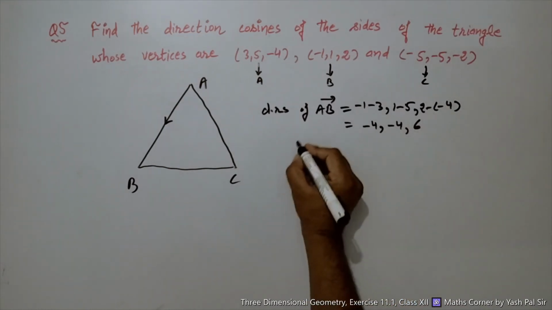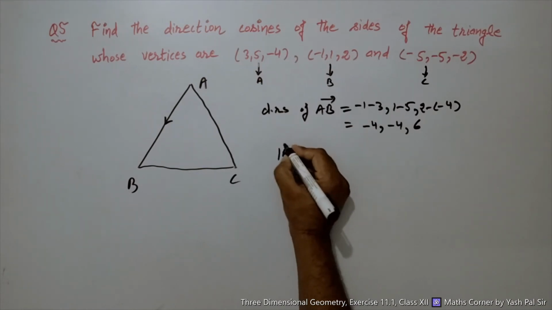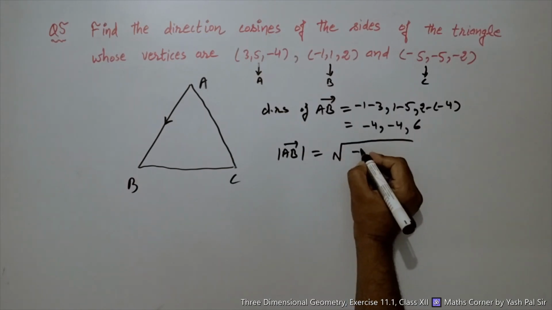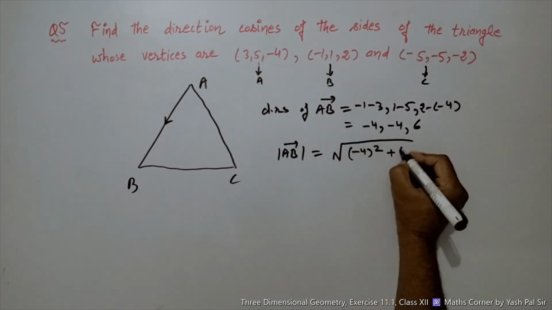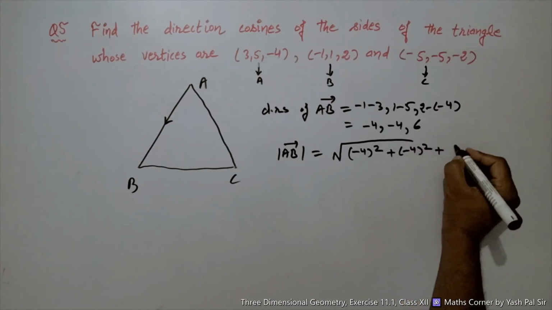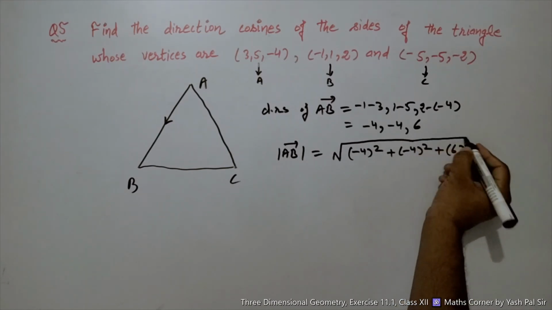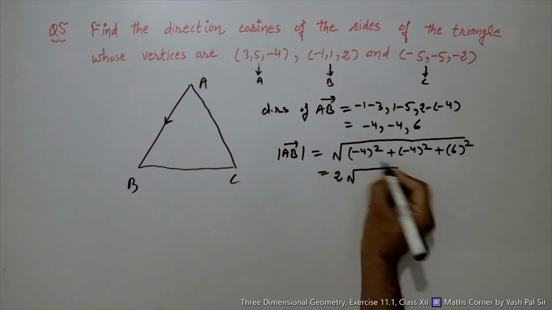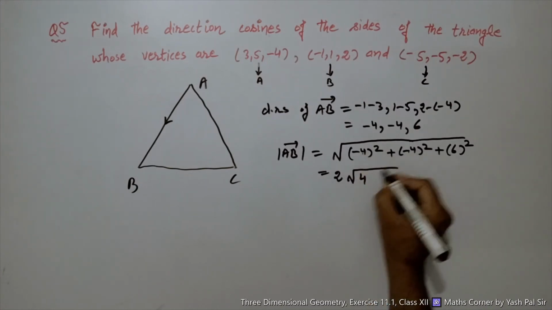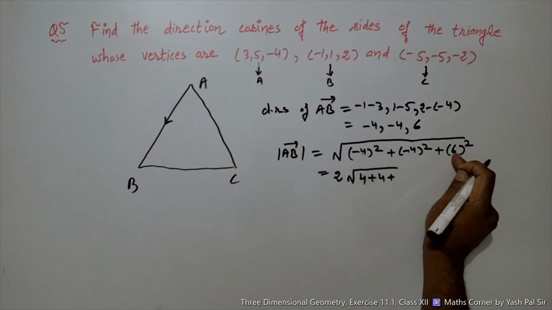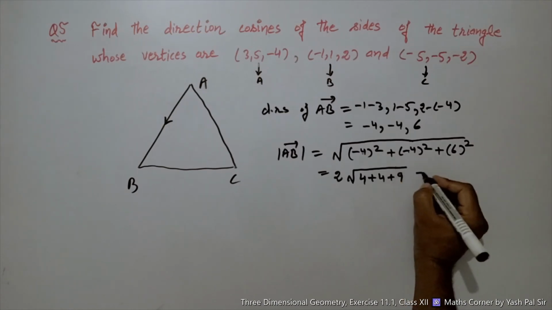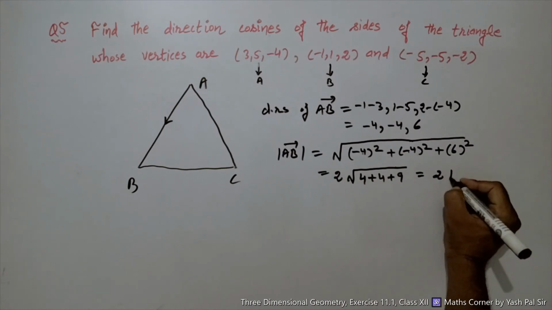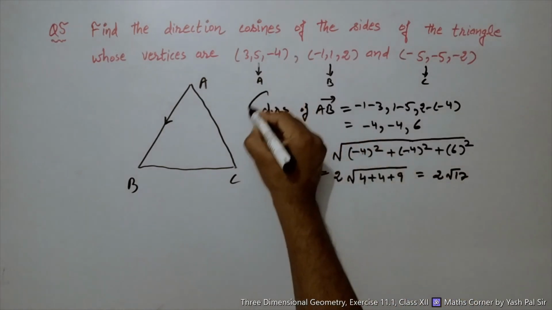Right? Now, what is the magnitude of side AB? That is equal to square root of (-4) whole square plus (-4) whole square plus 6 whole square. Taking 2 square common, that is 2 square root of 4 plus 4 plus 3 3s are 9. So we have 9 plus 4 is 13, 13 plus 4 is 17, 2 square root of 17.